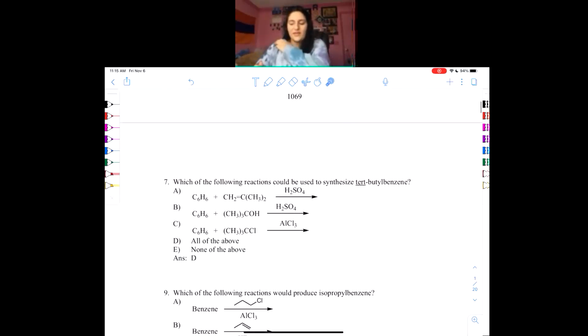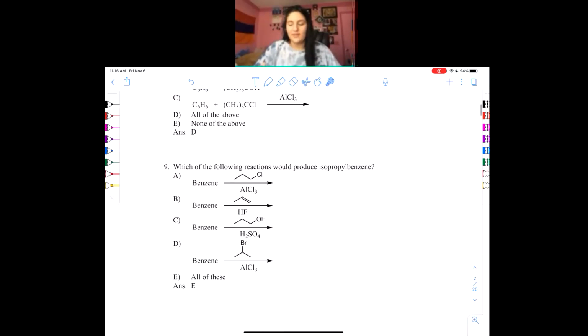And then you go to 7 and you see a double bond with H2SO4 or something like this with an H2SO4. This is the only one that is from this chapter, right? Or from even Orgo 2, I'll say. So this one isn't really a great question because we haven't looked at these reactions really in Orgo 2. They were more like Orgo 1 reactions. And it's the same thing here.